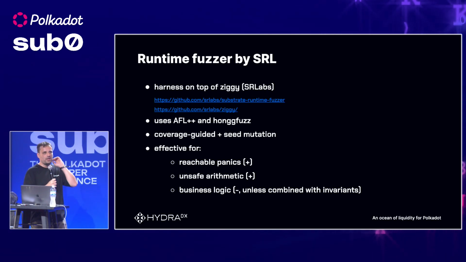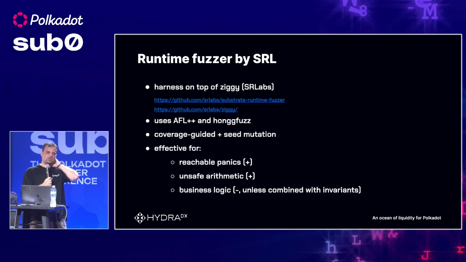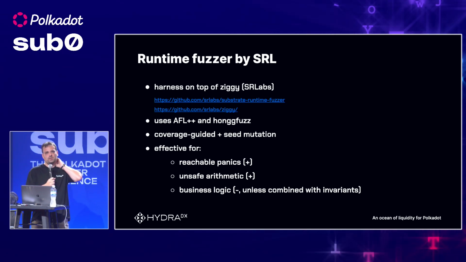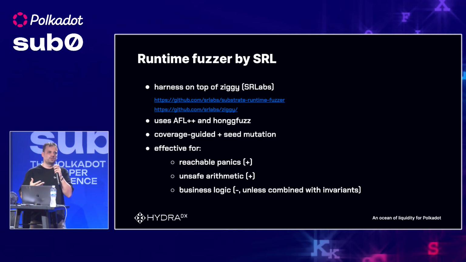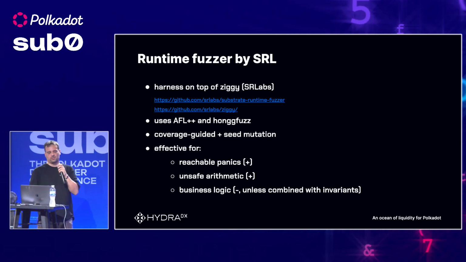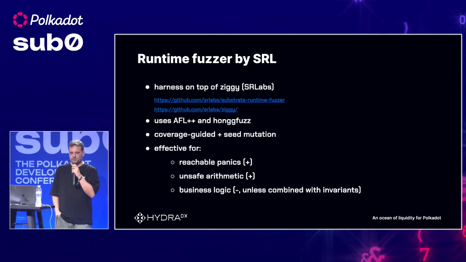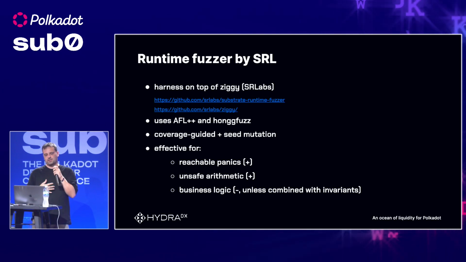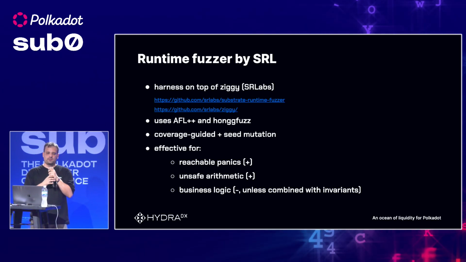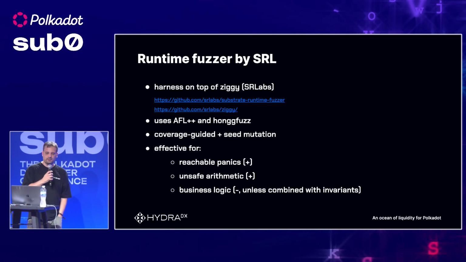But it doesn't really help you with the business logic that you have, because it doesn't know what your application is doing or should do, and whether the output after you execute something is correct or not. But you can help it a little bit, right? For example, if you combine it with invariants. So let's take our case. We have the OmniPool implementation, which is a type of AMM on Hydra, right?